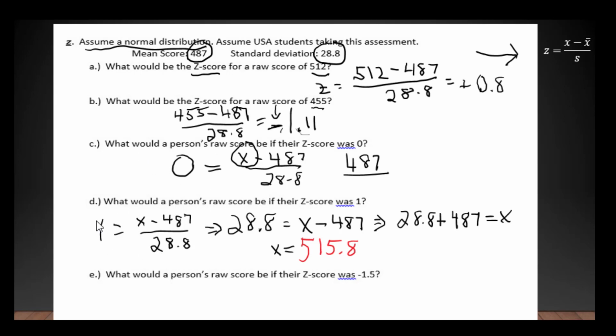I multiplied both sides by 28.8. I got this. And then I added 487 to both sides. And I got x equals 515.8. Now I'm going to leave this x equals 515.8 up here. I'm going to erase this and show you an easier way of doing it.